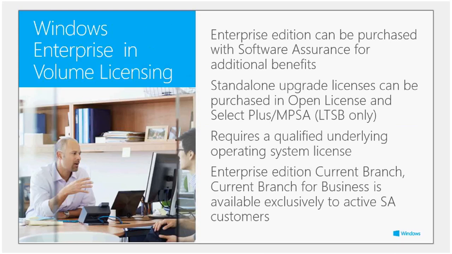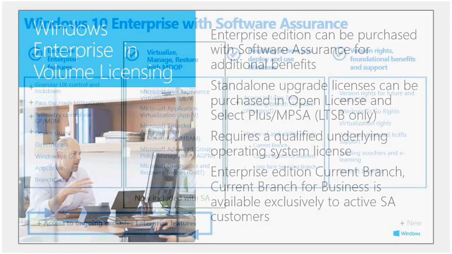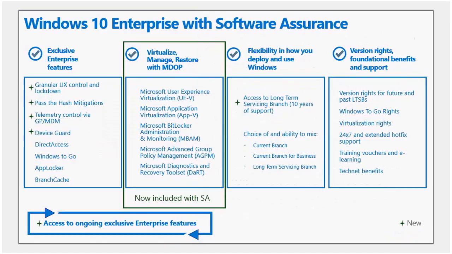Windows 10 Enterprise Edition requires a qualifying underlying operating system license, primarily Windows Pro. And the Enterprise Edition current branch and current branch for business are available exclusively to active software assurance customers. We're going to talk more about the features and benefits that you get with Windows 10 Enterprise and software assurance.